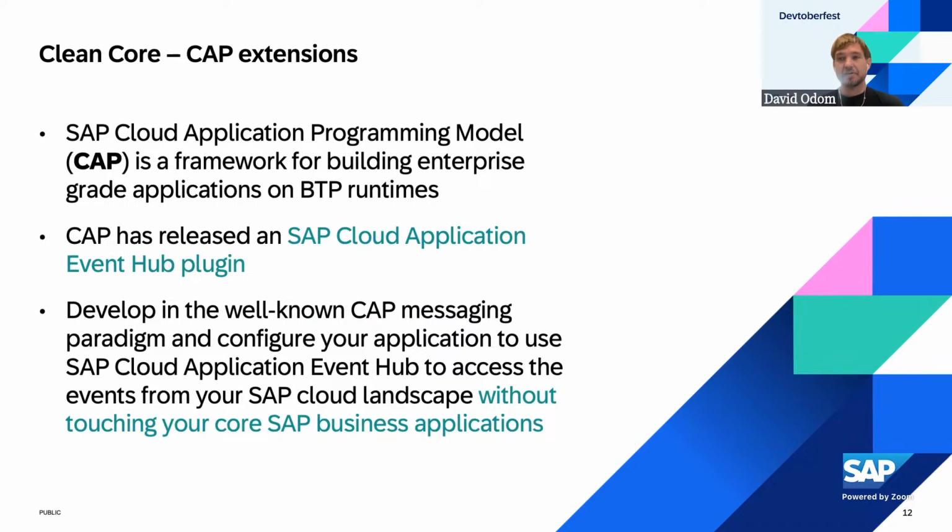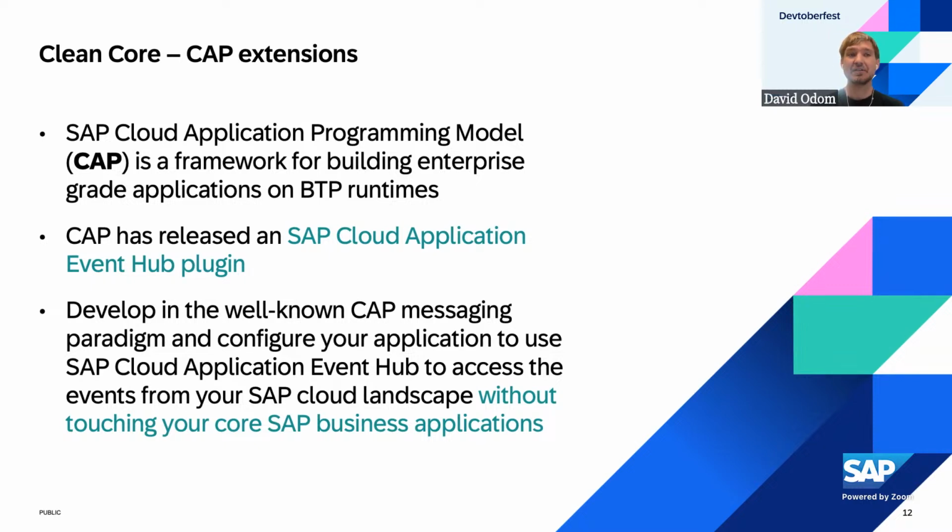So how do you build one of these extensions? And here, SAP offers the Cloud Application Programming Model, CAP. Probably, again, most people are familiar, but in case you're not, this is a framework for building enterprise-grade applications on BTP runtimes. And what's new here, and what we are covering today, is that CAP has released an SAP Cloud Application Event Hub plugin.